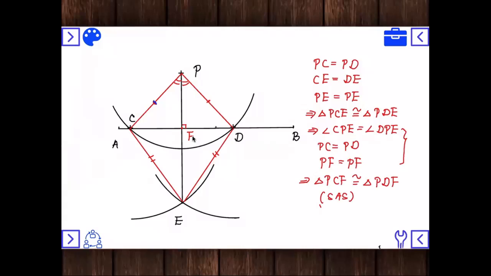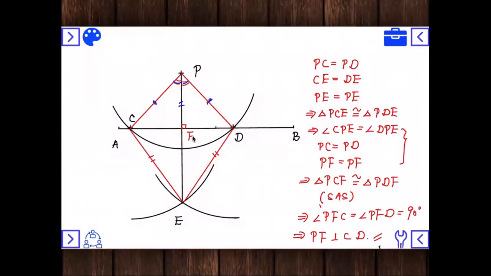So this is an SAS. Okay, and that will help us draw the conclusion that angle PFC is equal to angle PFD is equal to 90 degrees. Okay, and then we can conclude that PF is perpendicular to CD. So this is how we prove this problem.